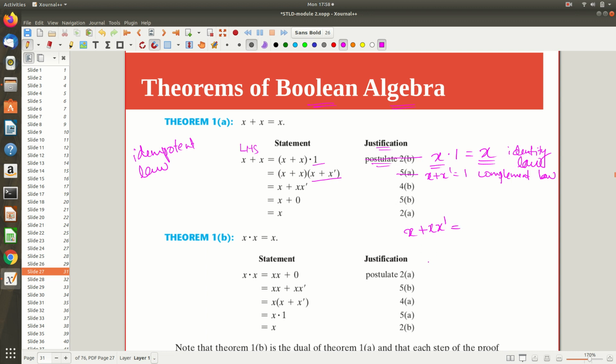Let me use something you know, like x plus y z. Hope you know the distributive law. You can distribute it like x plus y into x plus z, right? Now my question is, I am giving you the right-hand side, x plus y into x plus z, what is it?